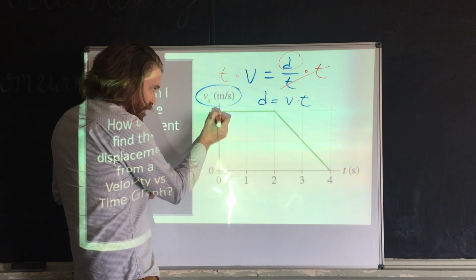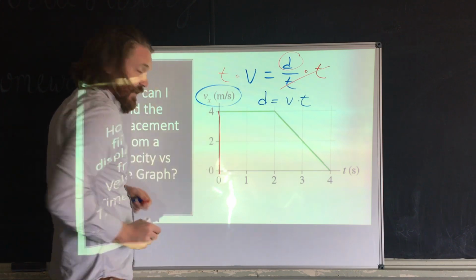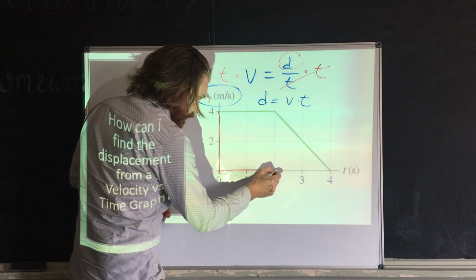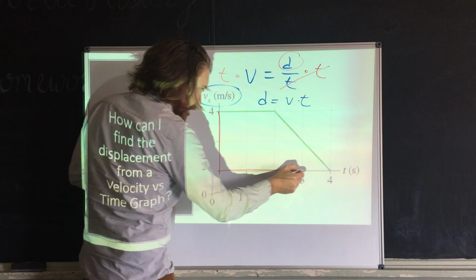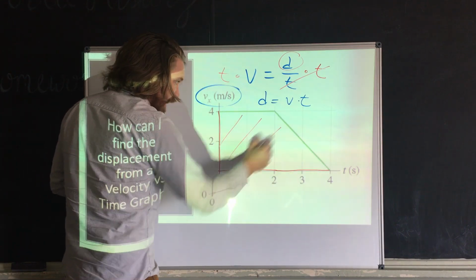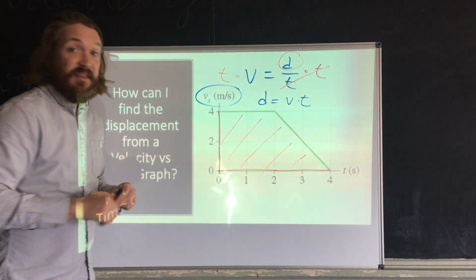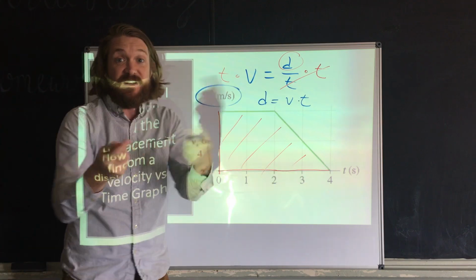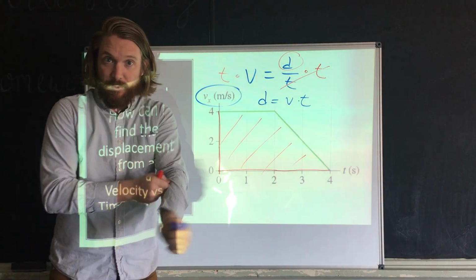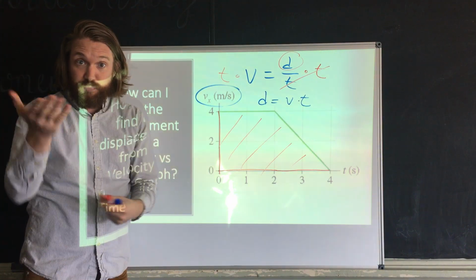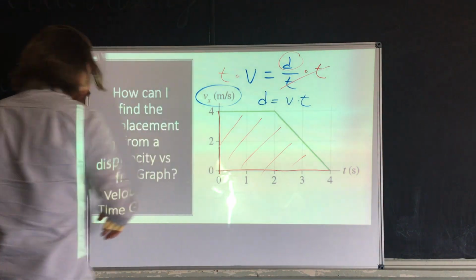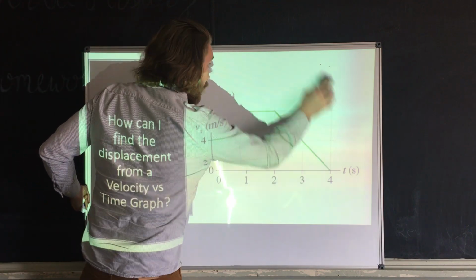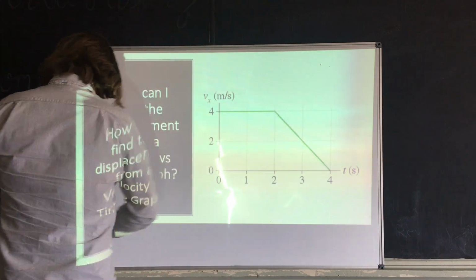Because look, v is this length, right? And t is this length. If I can find this area underneath, that is my distance. That is velocity times time. It's the definition of area, okay? Pretty amazing, right? So let me show you how this works. This is why it works, and let me show you how to do it. And we'll look at a few examples.